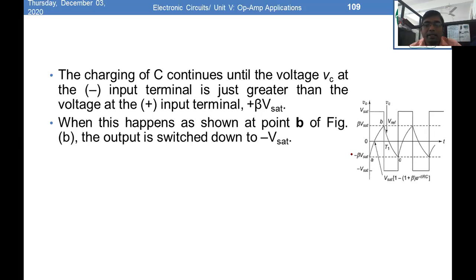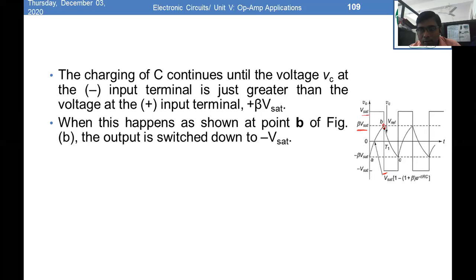This is just like a comparator structure, comparing the voltage between the inverting and non-inverting terminals. When the non-inverting terminal voltage is lower than the inverting terminal voltage, at point B, the output is switched from plus Vsat to minus Vsat. The voltage across the capacitor does not switch immediately like the output of the square wave generator.